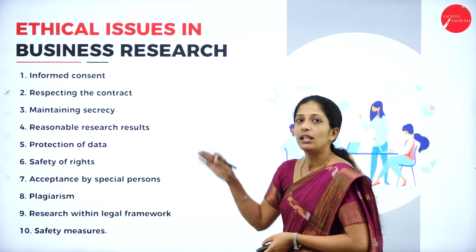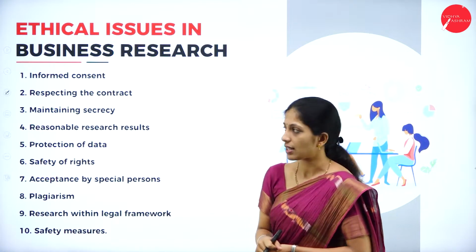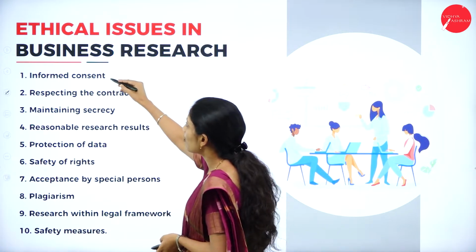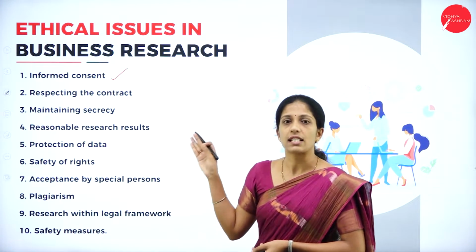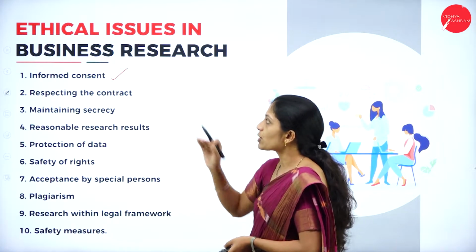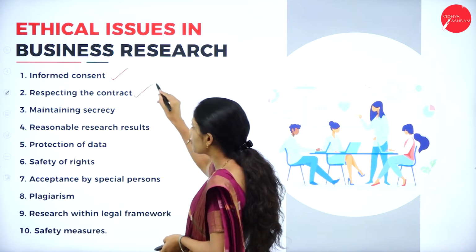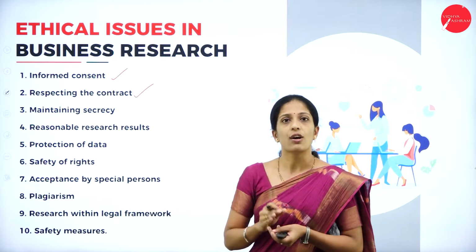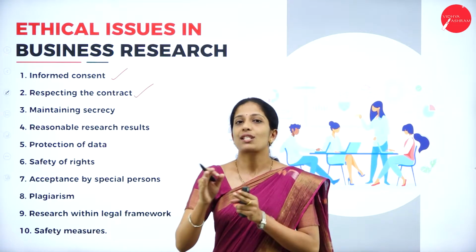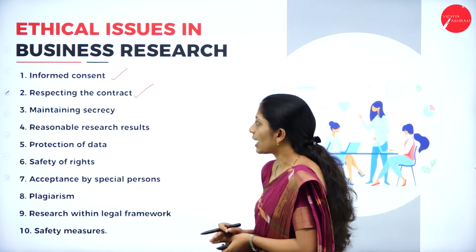Now coming to the list of ethical issues which have to be followed in business research. The first one is informed consent. I'll discuss each and every point in detail in this session. The second one is respecting the contract. There is a contract between the researcher as well as respondents, correct? So the contract has to be respected.